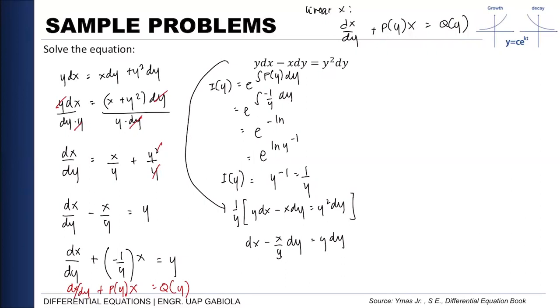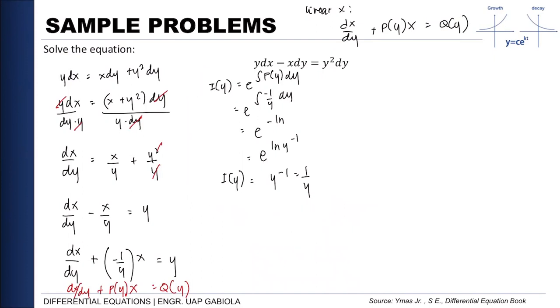Okay? So, kung may relationship dito sa dalawa. Maybe we can isolate muna yung dalawa. So, x over y dy plus y dy. Okay? So, try na lang natin dun sa simplified form na multiply na.